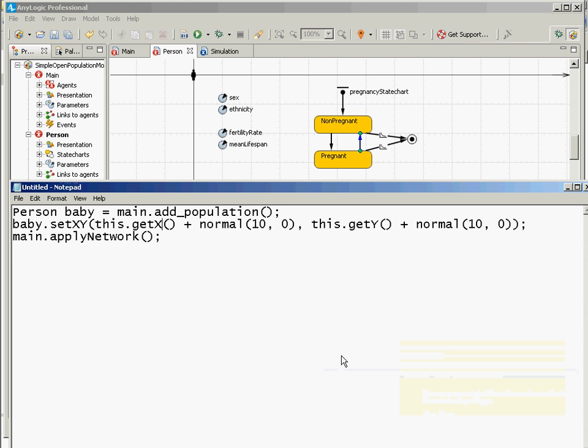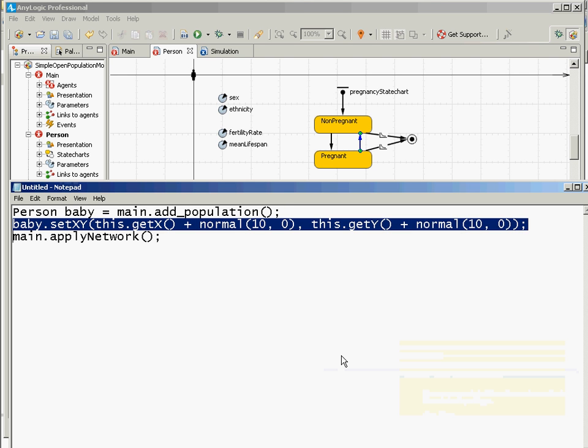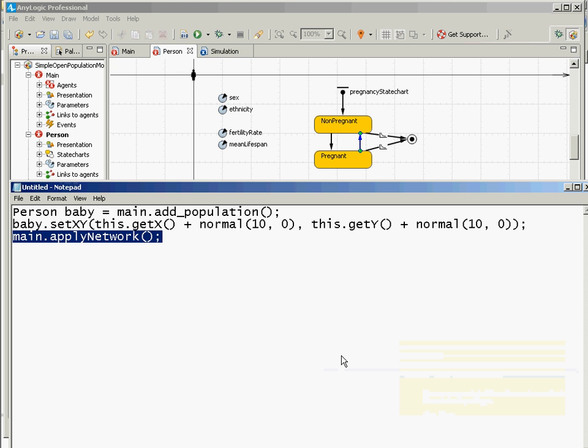And since the baby is close to mom, who's one of the people to whom the baby will be connected? To mom. Be very close, and so be connected to mom. So adding them to the population, setting the baby's location to be close to mom, and applying the network so that they're knit into the mom and any nearby people.